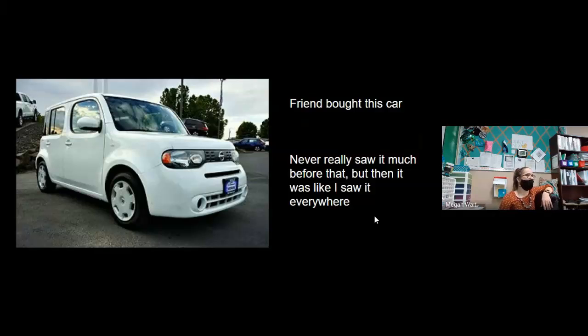I didn't know that this car existed, never seen it on the highway, never seen it on the road. But as soon as she bought this car, I started seeing it everywhere. It was like all of a sudden my eyes were opened and they just started appearing everywhere.